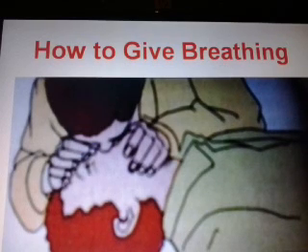Follow these techniques: pinch and compress the nose closed. Take a deep breath.